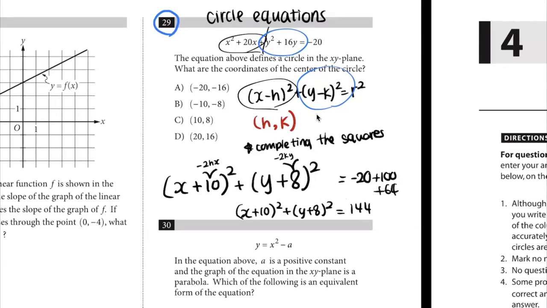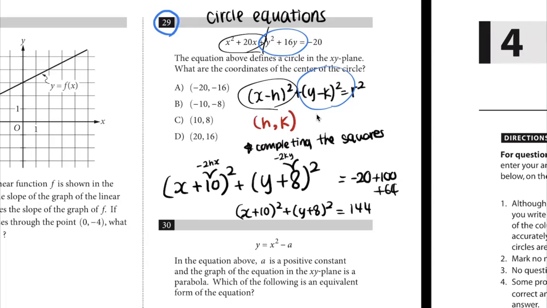If you were looking for the radius, you would find the square root of this, which will be 12. And you can just write radius is 12. But in this case, you're looking for the coordinates of the center of the circle, which can be found by h, k.